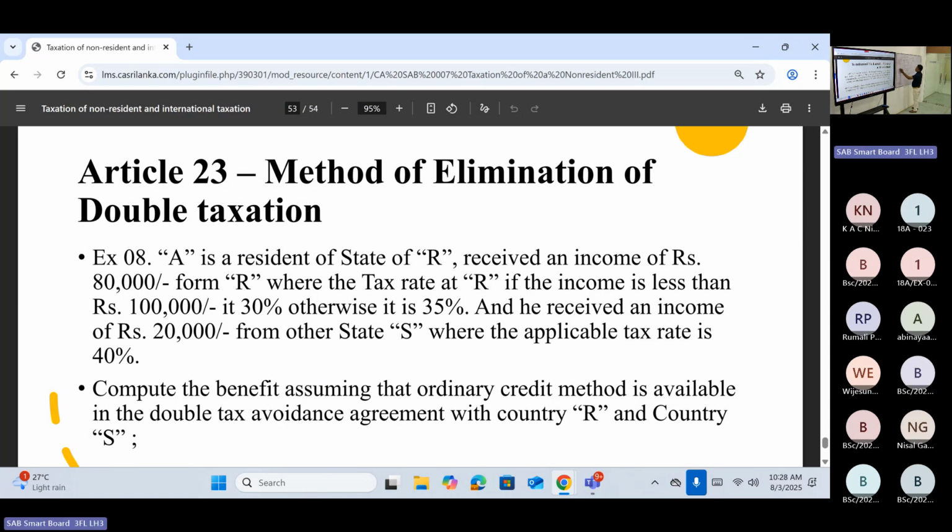Therefore, his tax liability is here in this country 30. How much? 20. This country is paying 8,000 total tax liability.